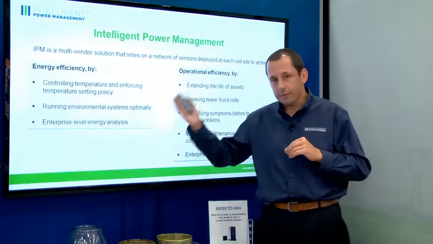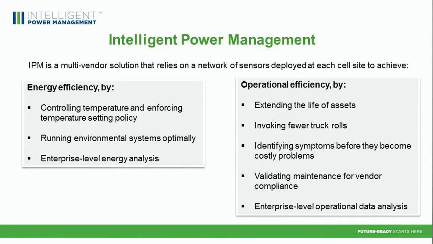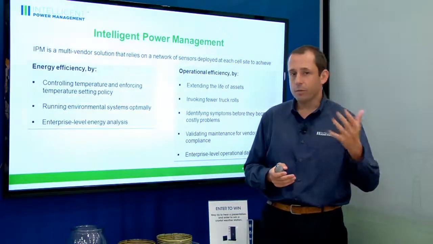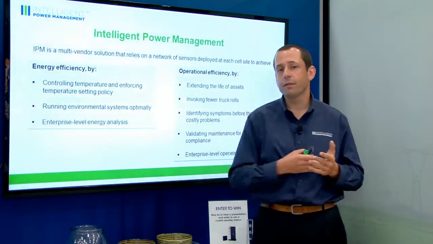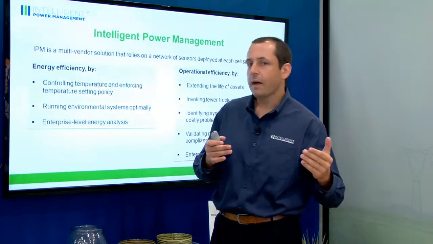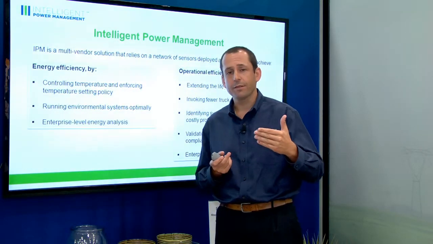And by monitoring and controlling, we can achieve operational efficiency, which helps in terms of maintenance tasks. You can validate that work that should be done is being done. The work that your vendors and contractors tell you that they have done, you confirm, so there is an element of vendor compliance, and you can move from a reactive type of maintenance to a more proactive type of maintenance.